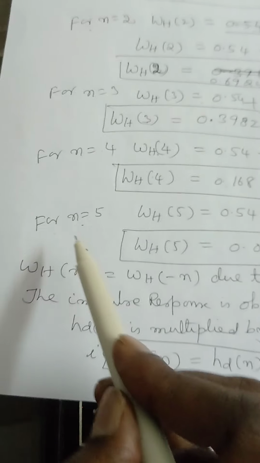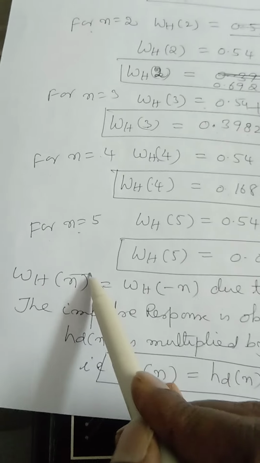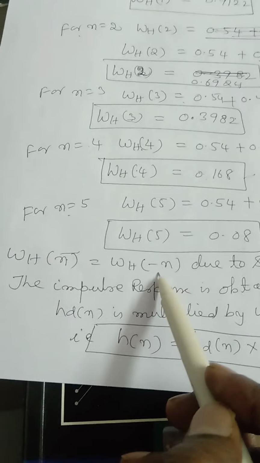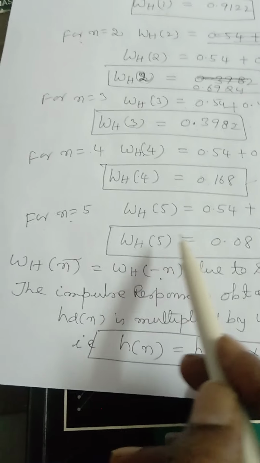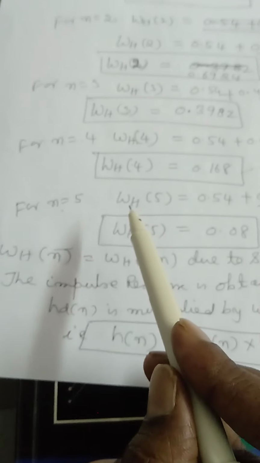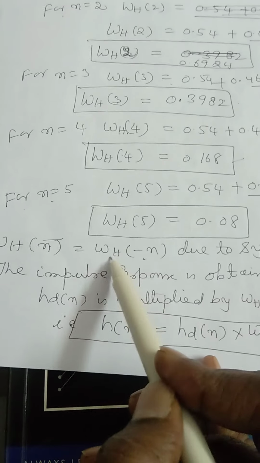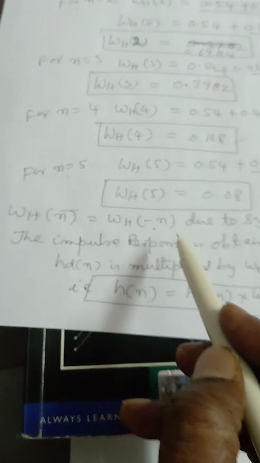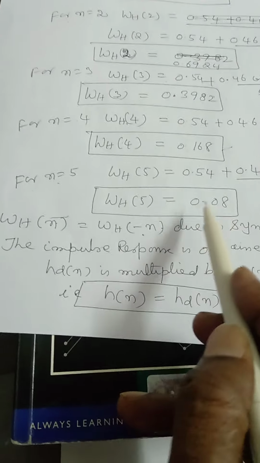Now, due to symmetry, WH of n is equal to WH of minus n. Then you need not calculate the negative values. Simply equate WH of n is equal to WH of minus n. Then you got both impulses, that is by the Fourier series method and also the window sequence of the Hamming window.